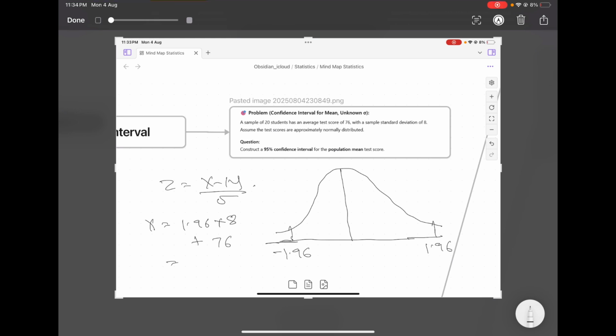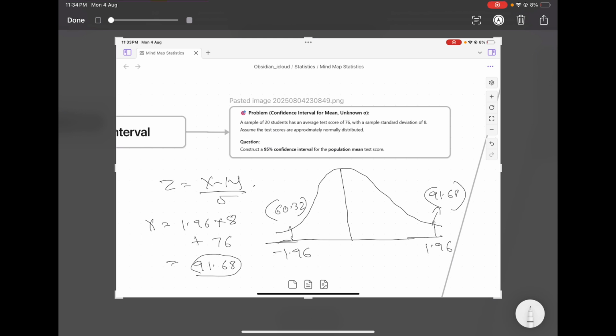So this is equal to 91.68, and the other value is 60.32.